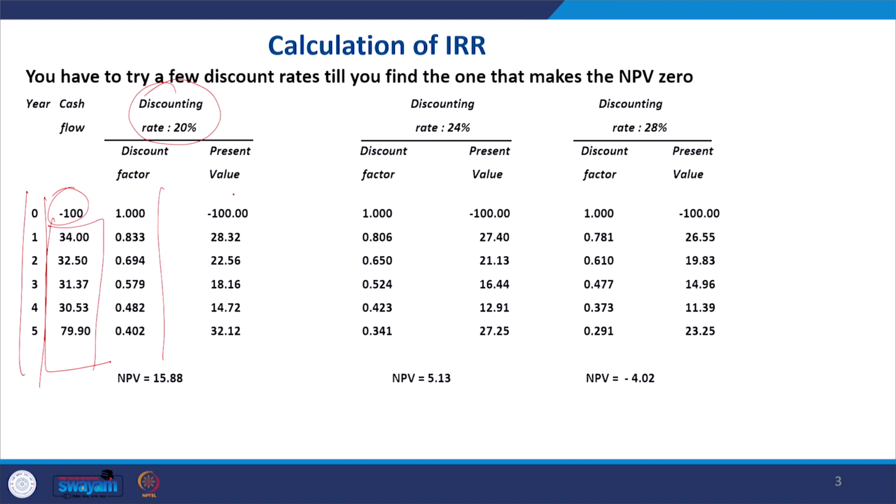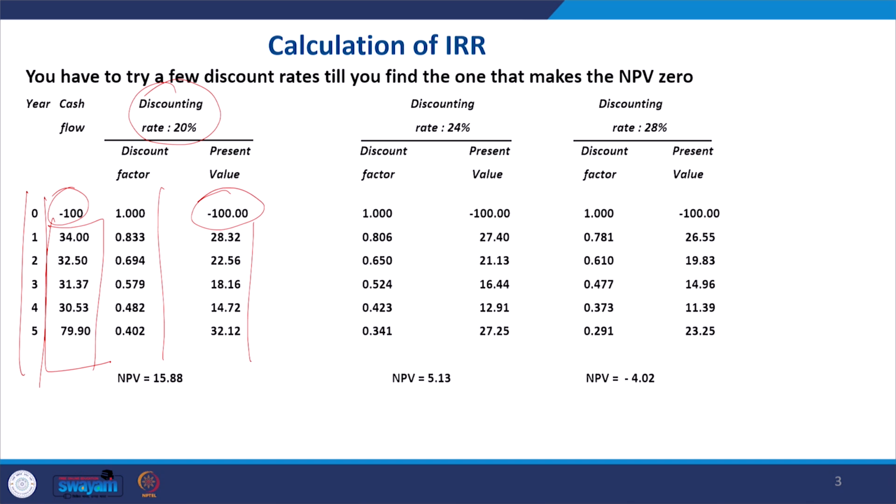No discounting is required here, because it is the current period, but we are discounting the later cash flows against these periods. So at 20%, the discount factors are 0.833, 0.694, 0.579, 0.482, and 0.402.